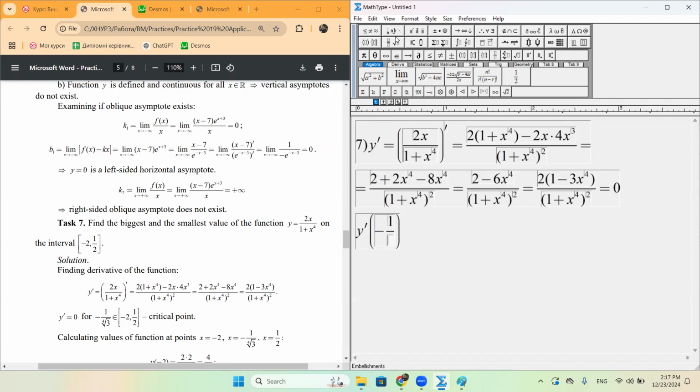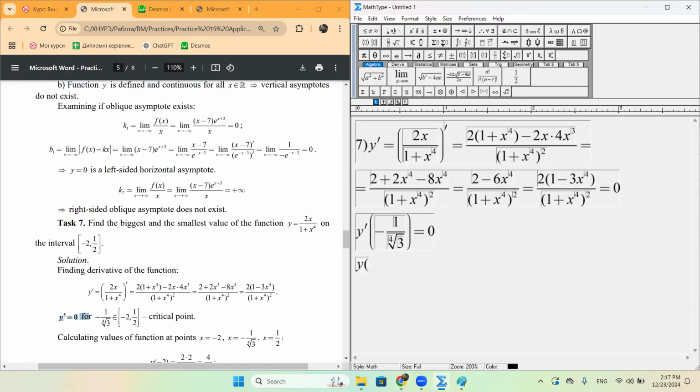Just to save our time. So now calculating the value of this function at this point and on the edges of the segment.